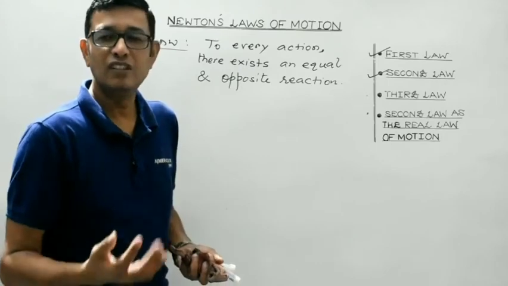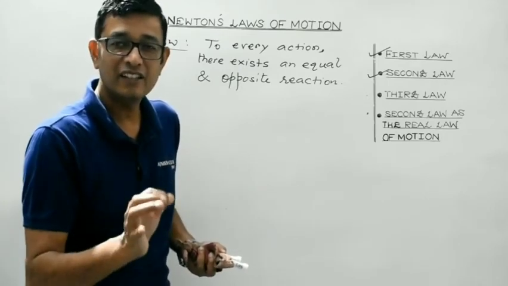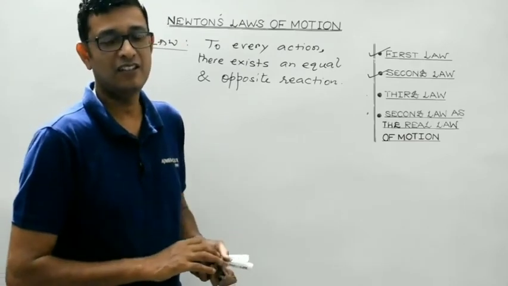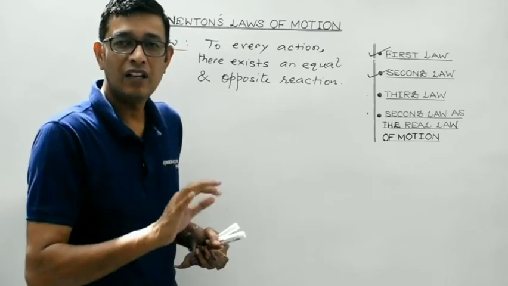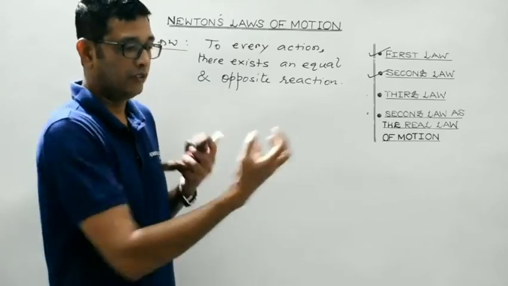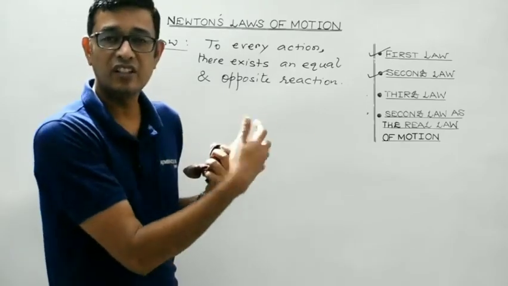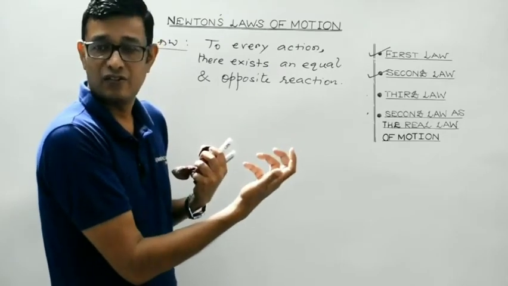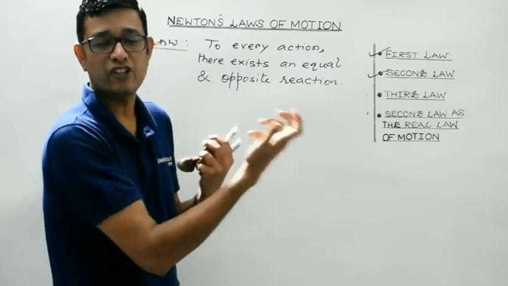In simple words, forces exist in equal and opposite pairs. I repeat, forces exist in equal and opposite pairs, which means that if two bodies are interacting with each other, they may be interacting electrically, they may be interacting magnetically, right? Or they may be interacting due to some gravitational force.